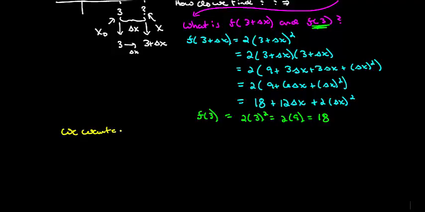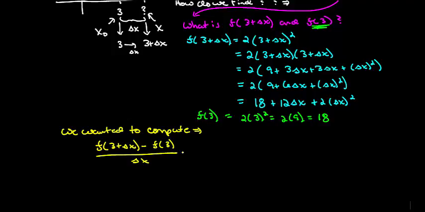So again, remember what we wanted to compute: f at 3 plus delta x minus f at 3, over delta x. We know that this one right here is f at 3 plus delta x, and this one over here in the green is f at 3.